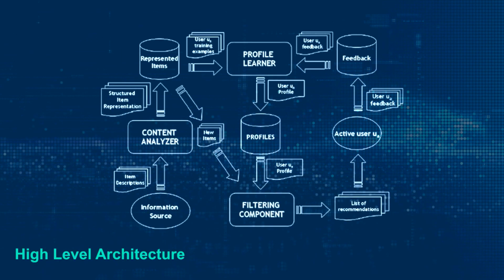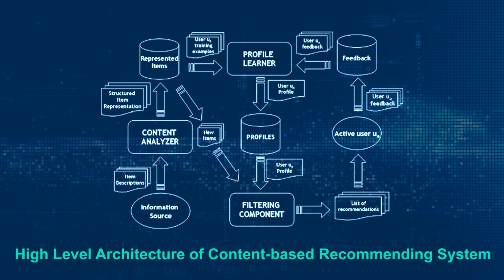The high-level architecture of the content-based recommendation system is shown in the adjacent figure. The source of this figure is mentioned in the e-content. The process starts with the content analyzer, which employs information retrieval techniques to obtain the item descriptions coming from the information sources.